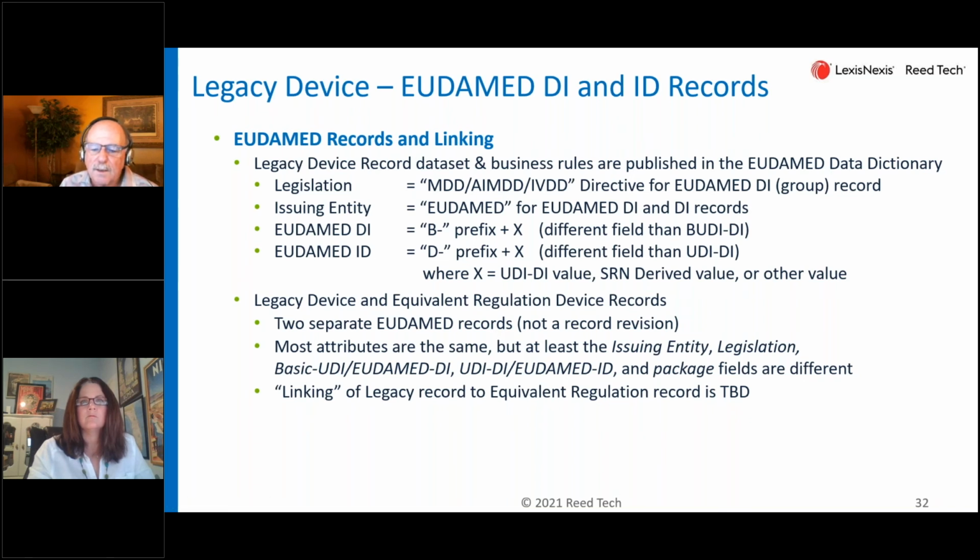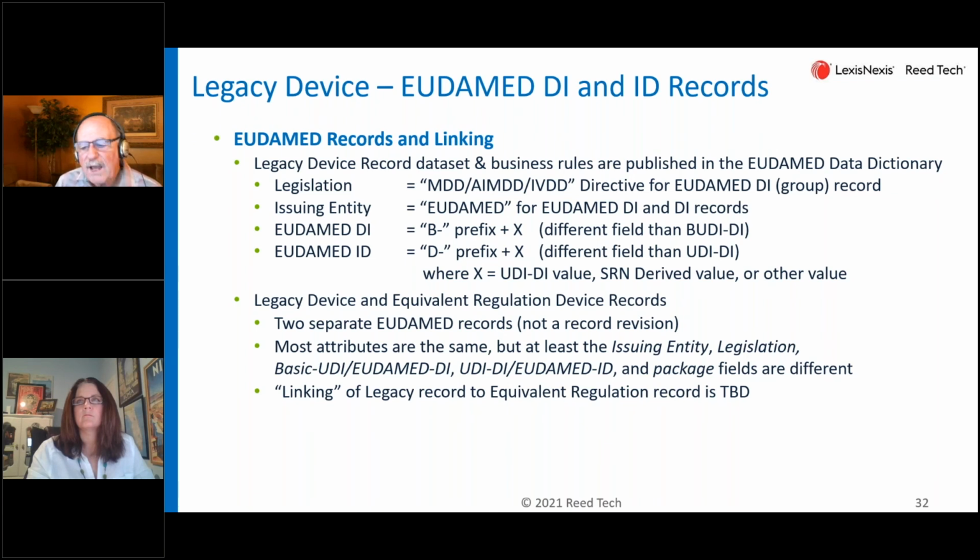You don't edit and make a change or an update to the one record. These are two separate records. Most of the attributes will be identical. So by default, they're all the same, except for the couple of things that we talked about. The issuing entity is different, the legislation is different, and the identifiers are different. Also, the package fields don't appear on the legacy devices. So there are at a minimum those particular changes, but all your other attributes, 109 or so attributes, will be the same.